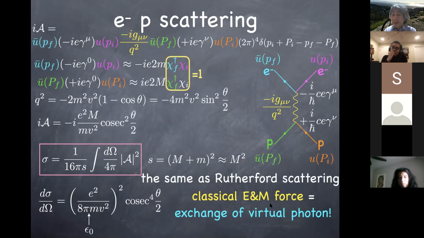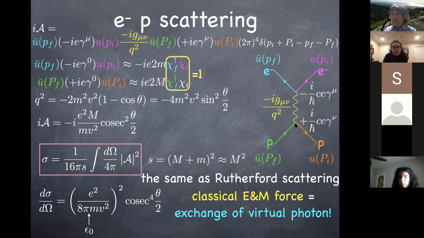But classical E&M is actually obtained by exchange of a virtual photon. So what we think of as forces in classical mechanics are now discussed in quantum field theory as an effect of exchange of virtual particles.